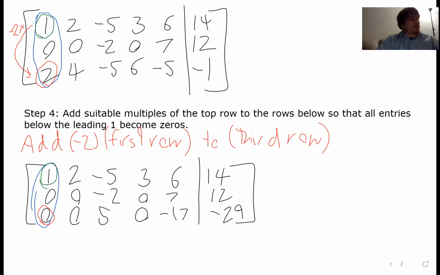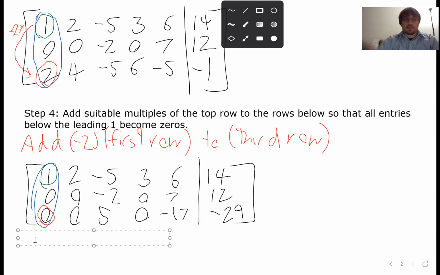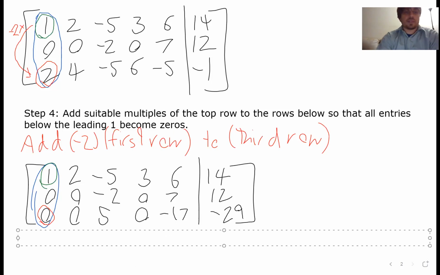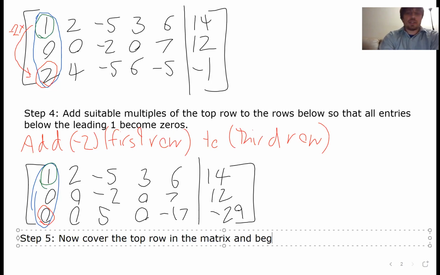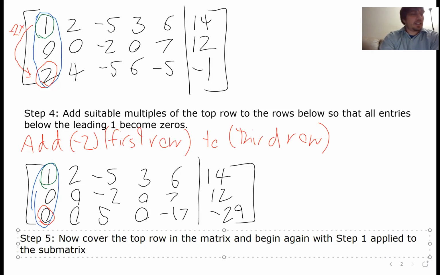And so there's 2 more steps. So now here's step 5. Now cover the top row in the matrix and begin again with step 1 applied to the submatrix that remains.